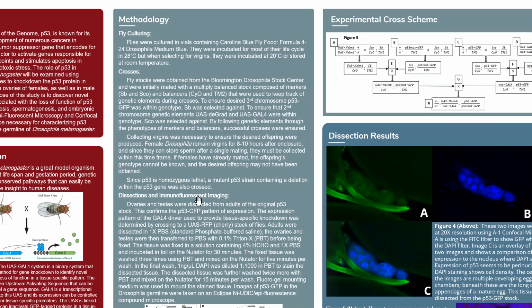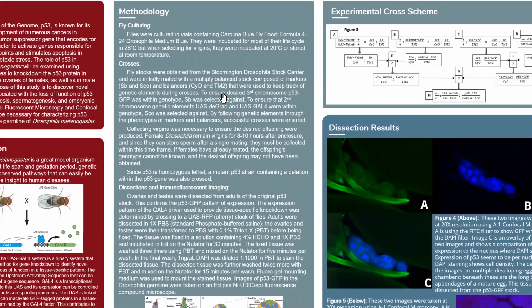And then the multiply balanced stock also has markers, and these were used to follow our crosses. We can use the phenotypes of these to follow the genetic elements to ensure that our crosses were successful. So the scutoid marker is on the second chromosome, and we used this to ensure that the genetic elements of the UAS degradFP and the UAS Gal4 were within the genotype.